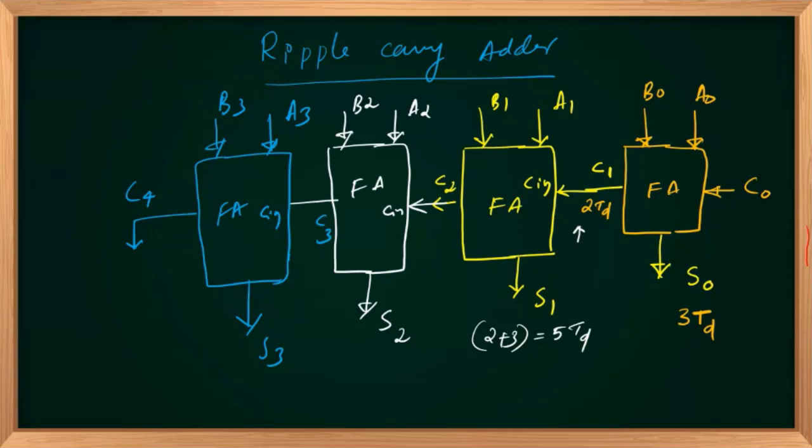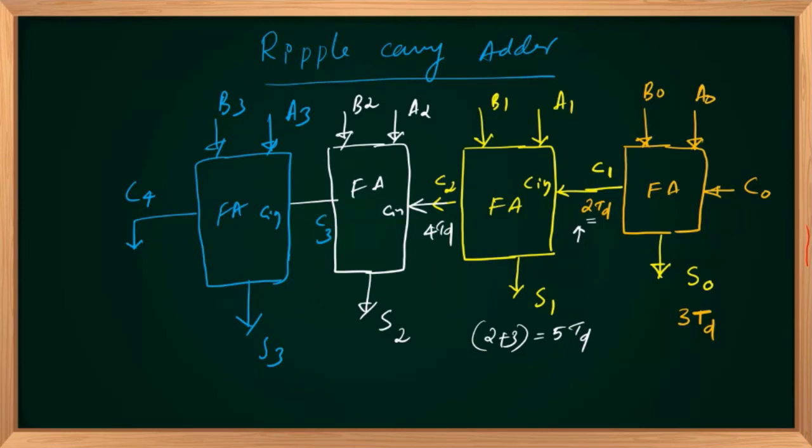And C2, carry out of the second stage, also requires two more extra time delays. Its carry in is ready at two time delays, so two more. So for 4 TD, my carry in to the third stage will be ready.